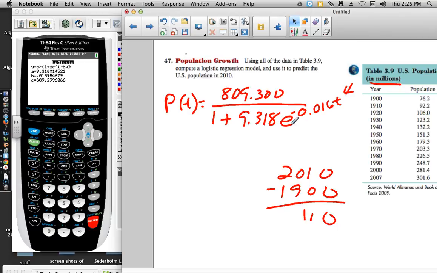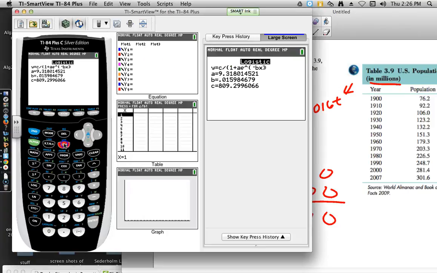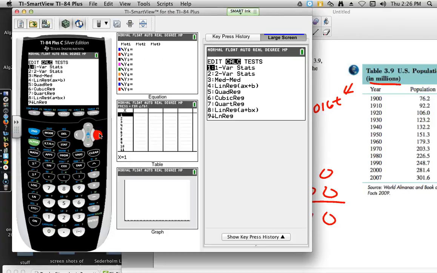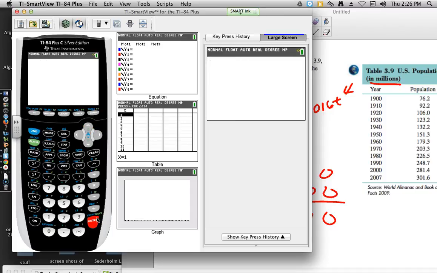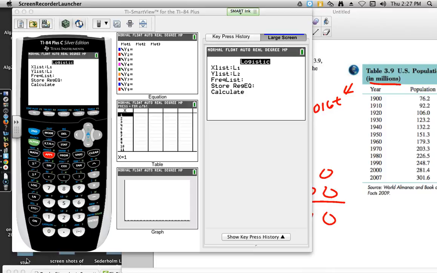If we save it, which we could do, why don't I show you how to do that? Let's do stats, calculate, and then we needed that B. All right, the button got stuck there, so I've got that fixed.